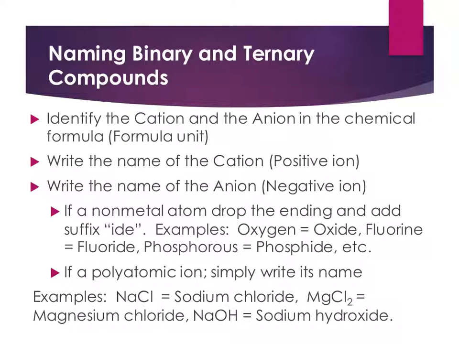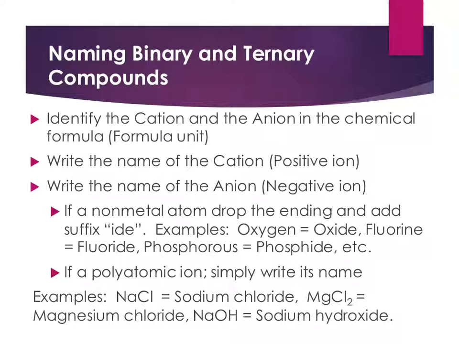Now, there's a little bit of a trick for the second ion, the anion. If it's a nonmetal atom, for example nitrogen, sulfur, oxygen, you're going to drop the ending of the element name and then add the suffix "ide." For example, oxygen, you're going to drop the "ygen" and write oxide. Fluorine, you're going to write fluoride. Phosphorus, phosphide. As you learn these, you will know how to write them.